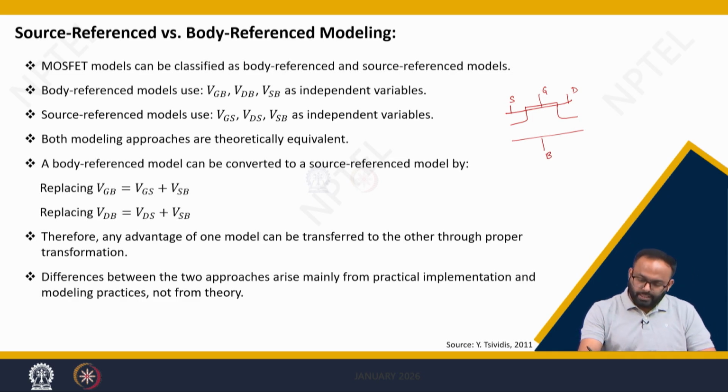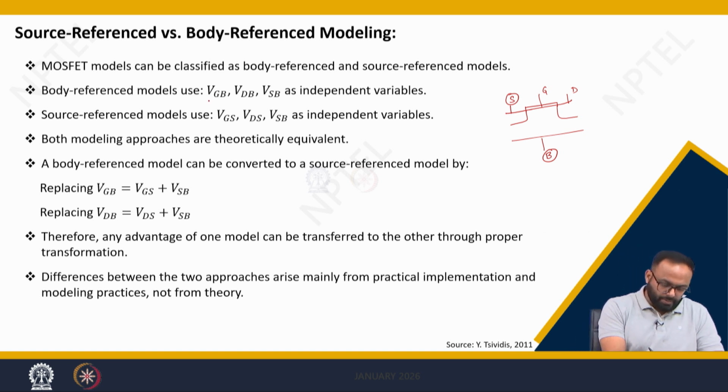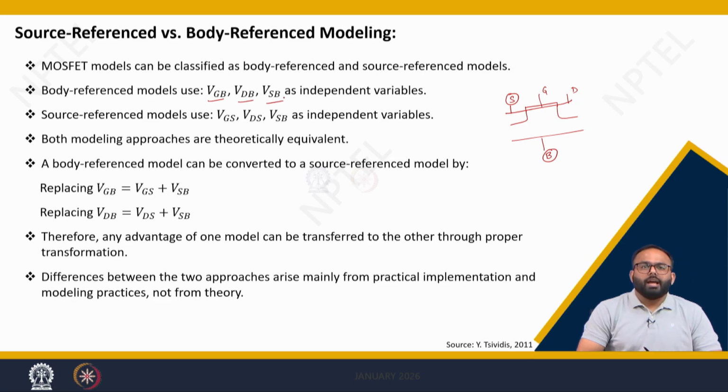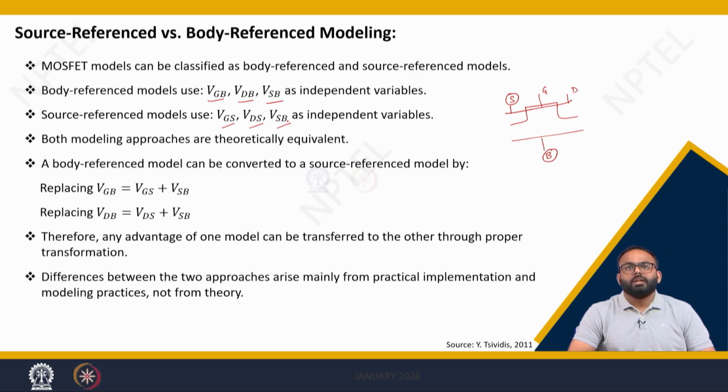One, we can take body as a reference, and one we can take source as a reference. If we take body as a reference, then VGB, VDB, VSB are the independent variables, and if you take source as a reference, then VGS, VDS and VSB are the independent variables. Both modeling approaches are theoretically equivalent.